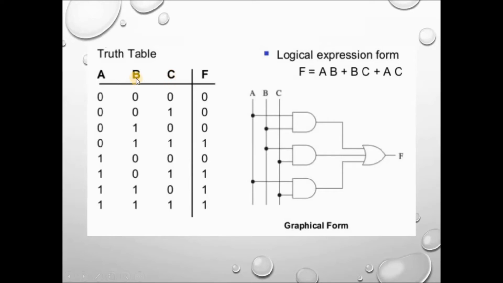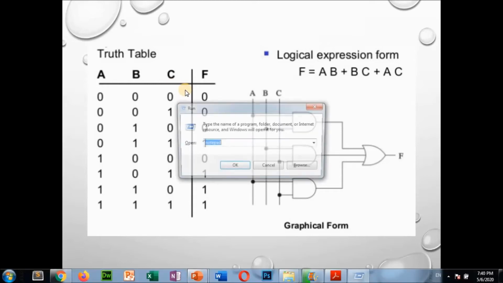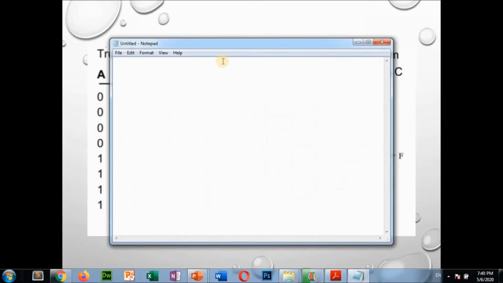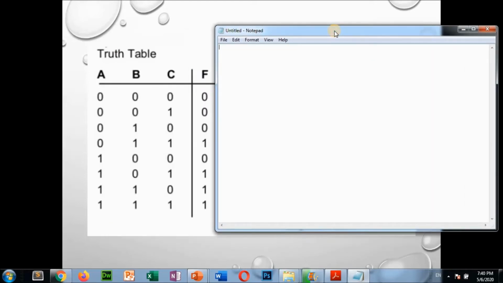This is 2 to the power 1. This is 2 to the power 2. If it is 2 to the power 0, then what is there? I'm going to show you notepad again. The last one, 2 to the power 0, always means 1. Then before it, 2 to the power 1 means 2. Then 2 to the power 2 means 4.